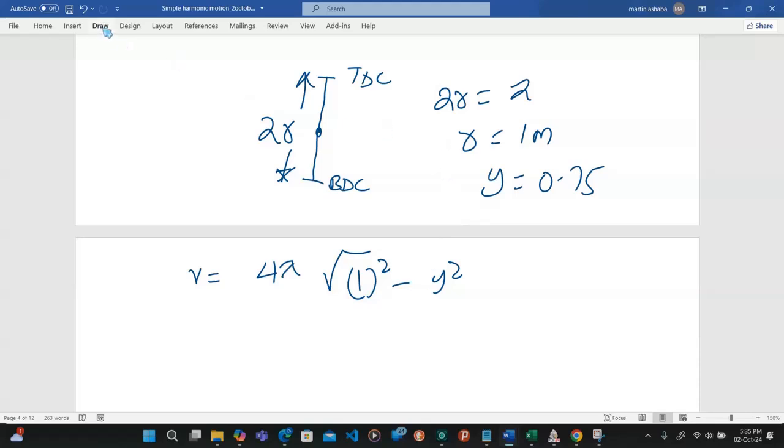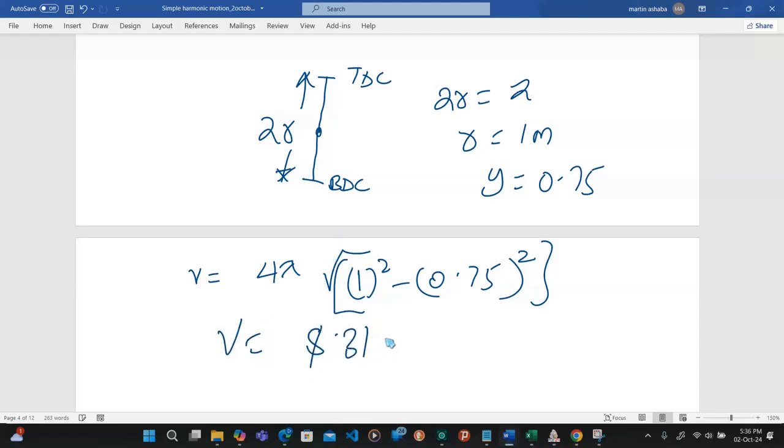So we put 0.75 squared: 1 minus 0.75 squared, I take the root of that, I multiply by 4 pi. So v, the velocity, is going to be 8.31 meters per second.